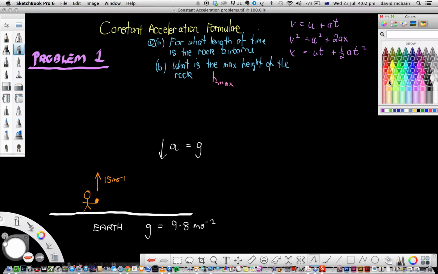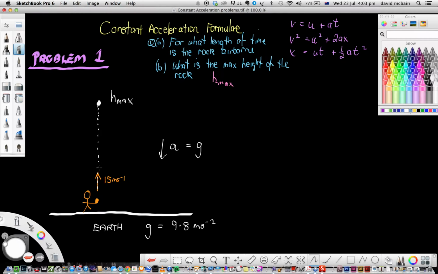So let's see if we can actually just intuitively think what's going to happen here. The ball is going to be thrown up, and it's going to be thrown straight up. It'll reach some maximum height, some position, and then will fall back to the earth again. So at this point here, that's what we call H max.